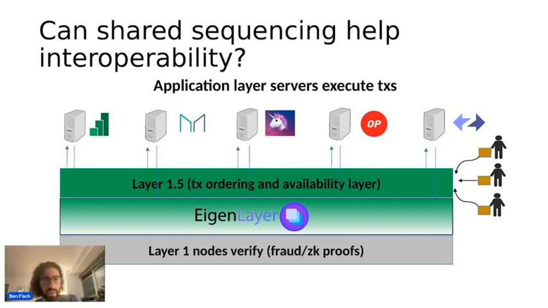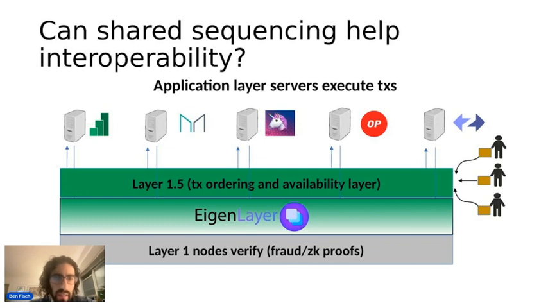So we can ask, to what degree does sharing a sequencing layer help with interoperability? And when I say sequencing, since this is an overloaded term that some other people in the industry may use differently, I mean just the layer that is in charge of determining and finalizing the ordering and availability of data.